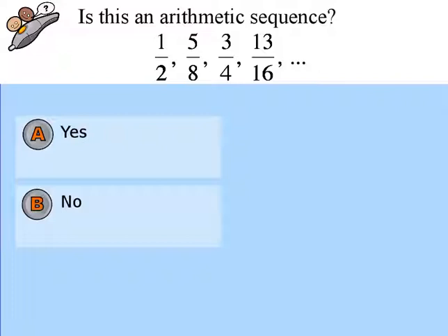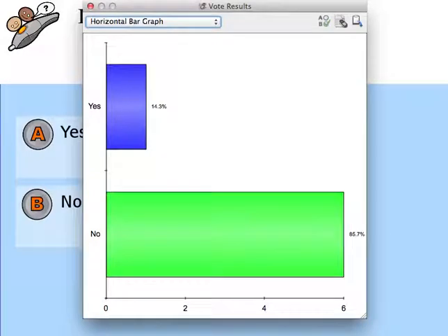Ooh, here you go. Is this one an arithmetic sequence? Okay, it is not an arithmetic sequence.